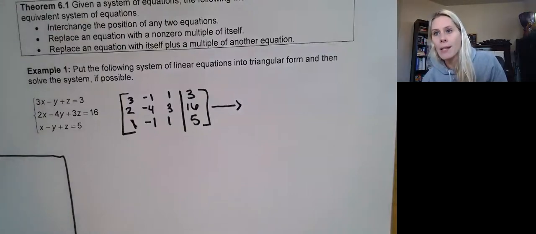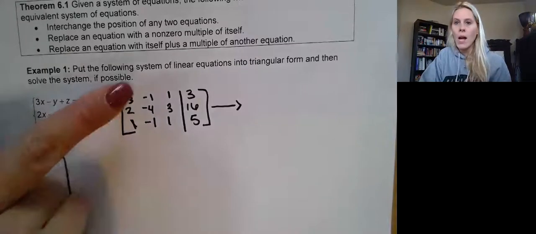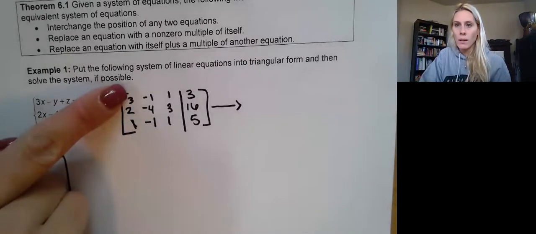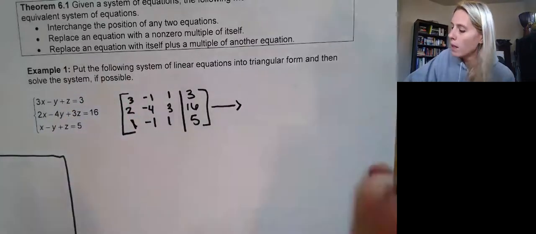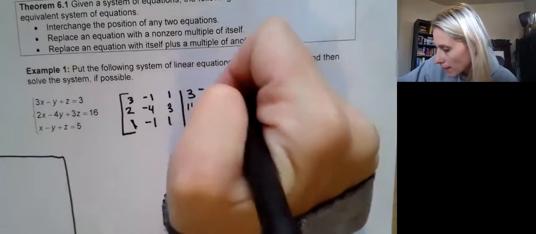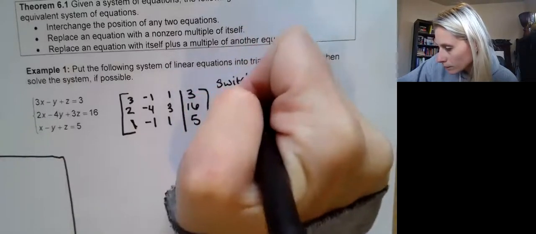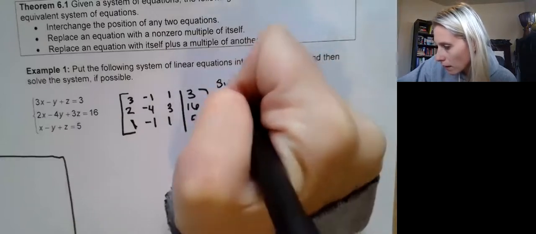Is there a way that I can make a 1 in that position easier than anything else? How can I make that a 1? I can switch row 1 and row 3. So that's what I'm going to do now. Switch, and I'm going to write it down: row 1 and row 3.